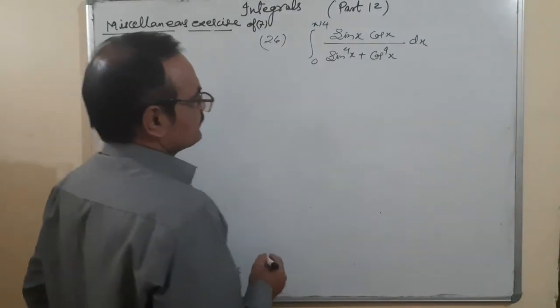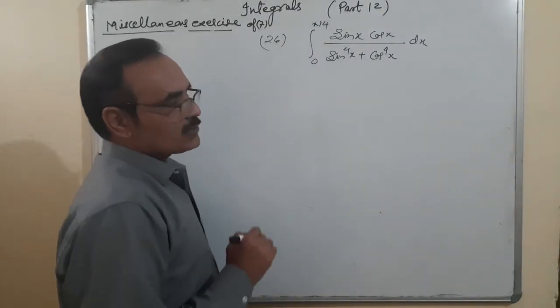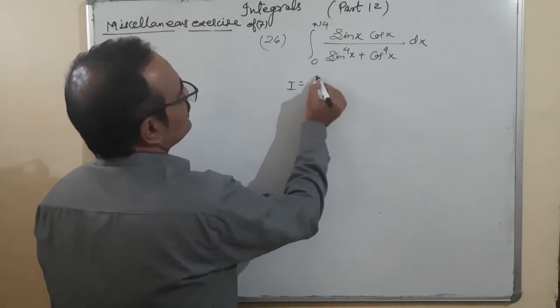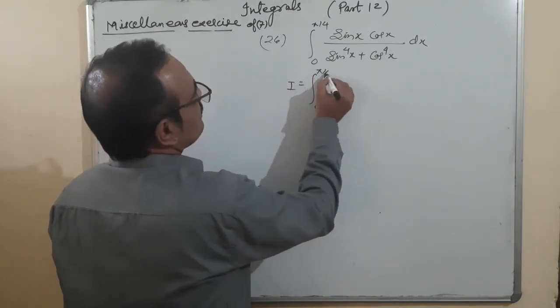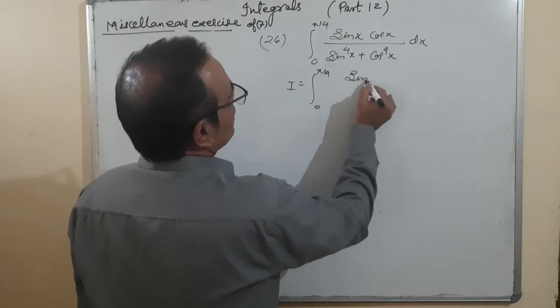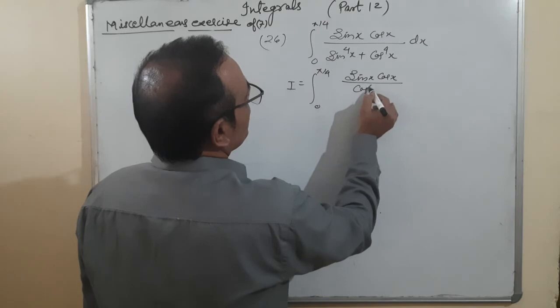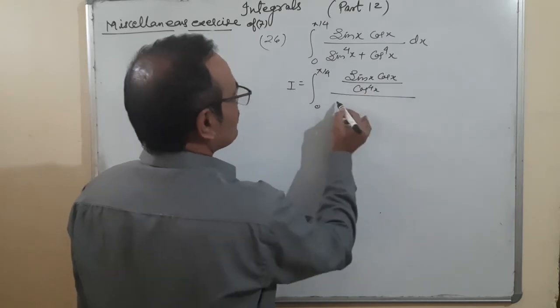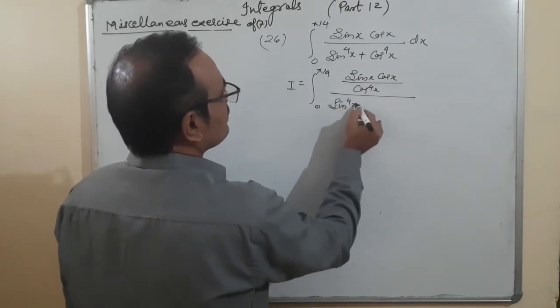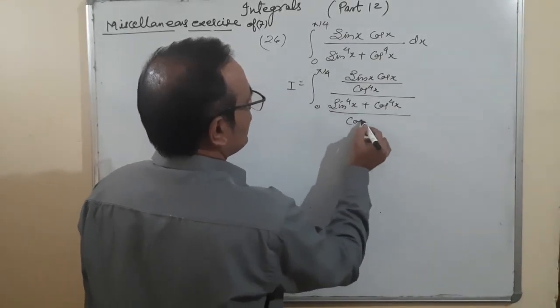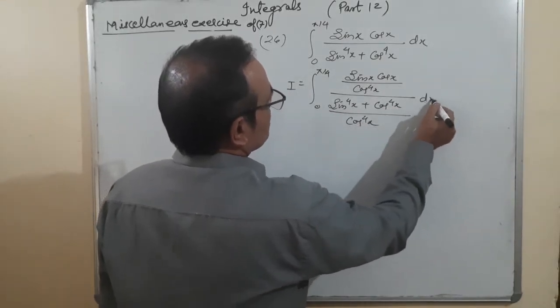In this question, we'll divide numerator and denominator by cos to the power 4x. Why we are doing it, you will understand after this step. Sin x into cos x upon cos to the power 4x, over sin to the power 4x plus cos to the power 4x upon cos to the power 4x dx.